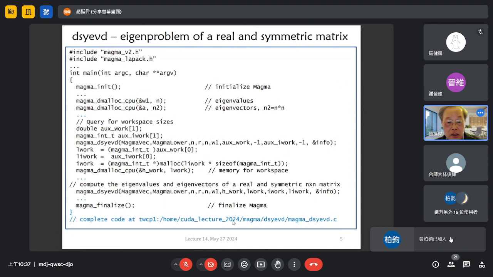So it's still being compiled. After the whole library is compiled, then I can call it. So I cannot run the code to give you a demonstration, but I can show you the source code. The sample code should work, but just do not submit a job to be run by the latest version of CUDA.